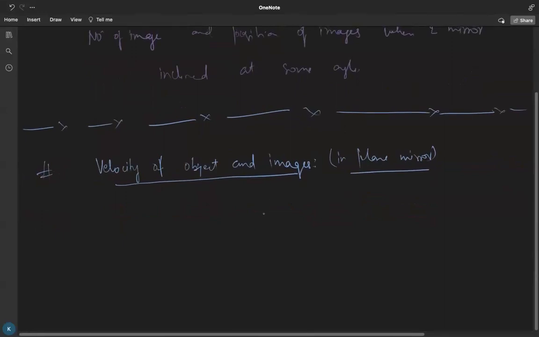If I assume that this is our plane mirror, and this is our x-axis, and we assume that the y and z axes are parallel to the mirror, that means the mirror is kept in the yz plane. Okay, and here is our object, and there is our image. I hope it will be clear to you that the distance from the mirror to the object is equal to the distance of the image from the mirror.